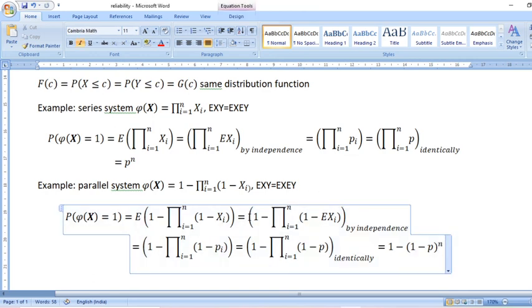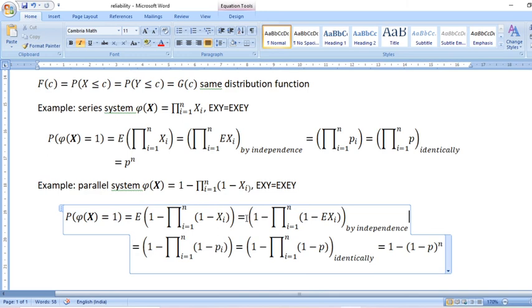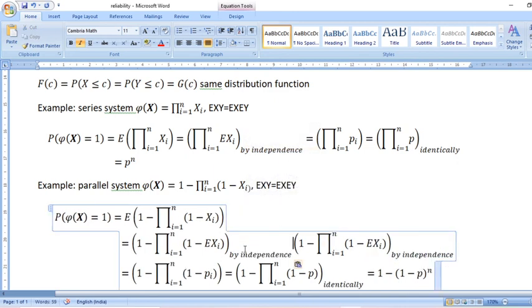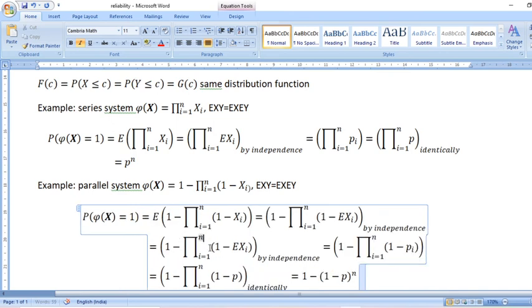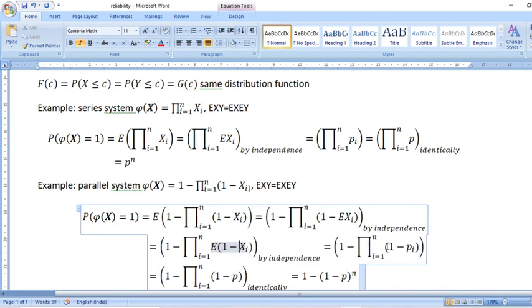In between we can add one more step here. What will be the step? Without doubt you can use this step also. We will put first E here, and as a next step we will come to this step.